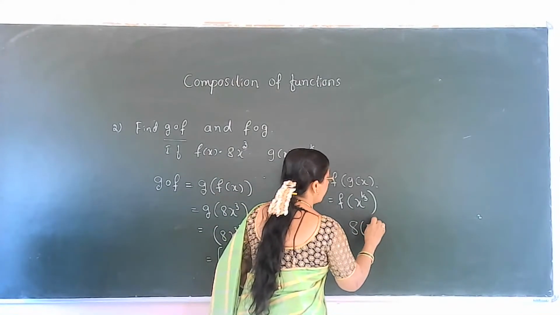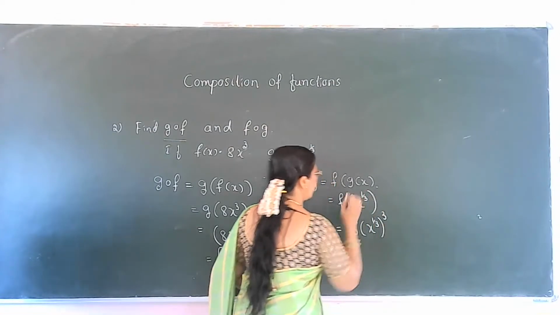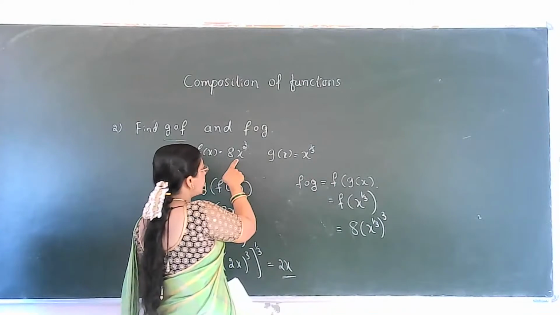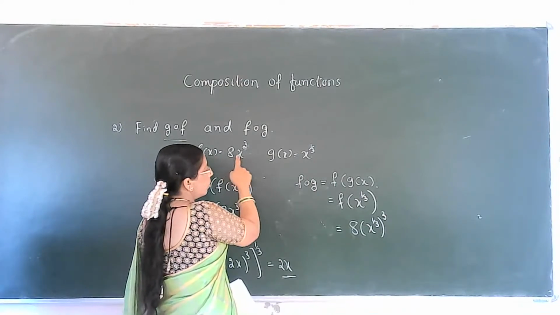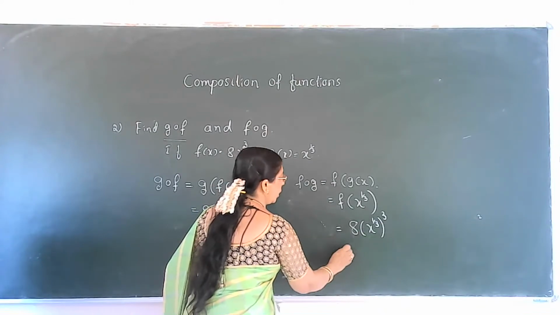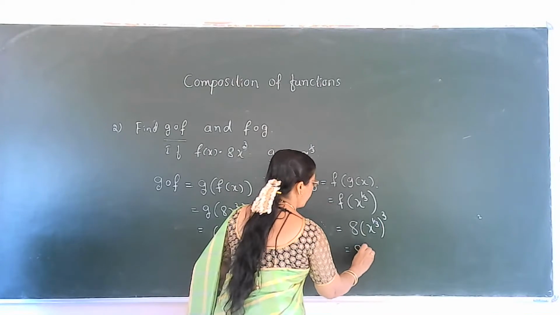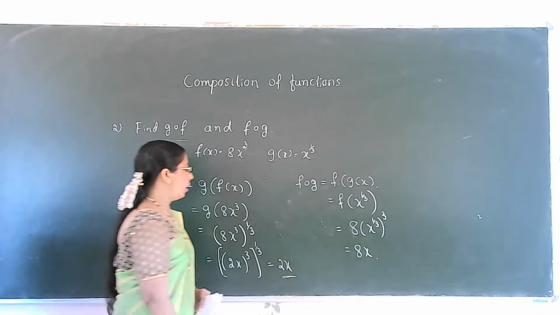Therefore, x to the power 1 by 3 to the power 3. Here also 3 cancel. Then the value is 8x.